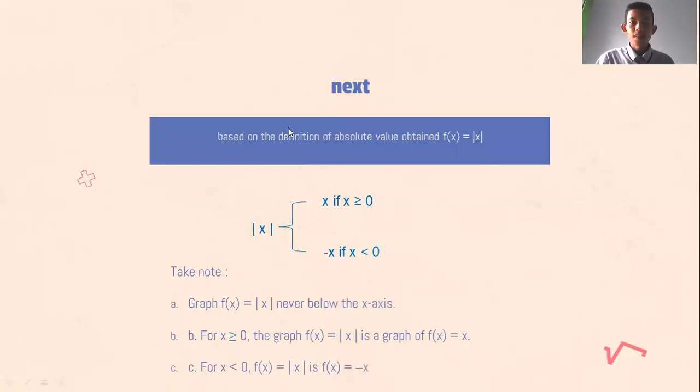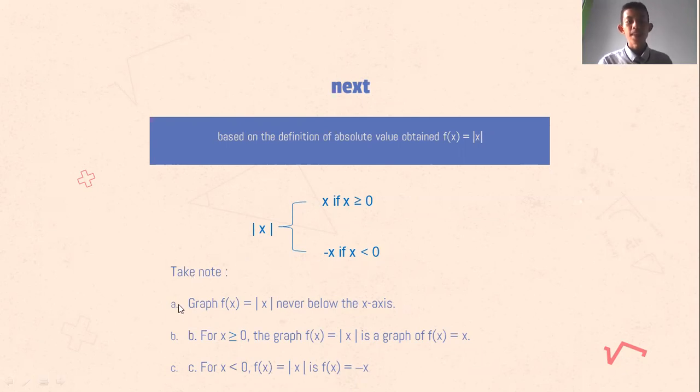Next, based on the definition of absolute value obtained, f(x) = |x| is x if x is more than or equal to 0, and -x if x is less than 0.